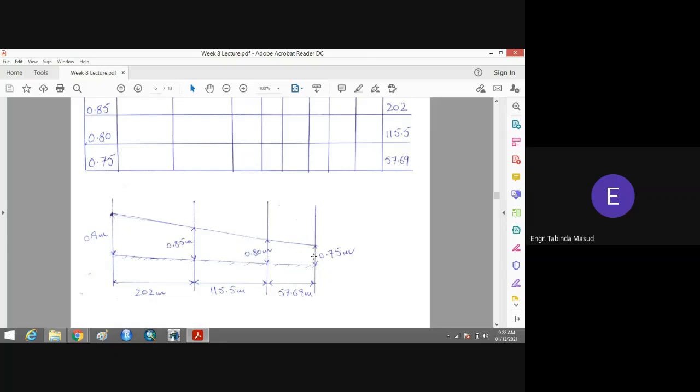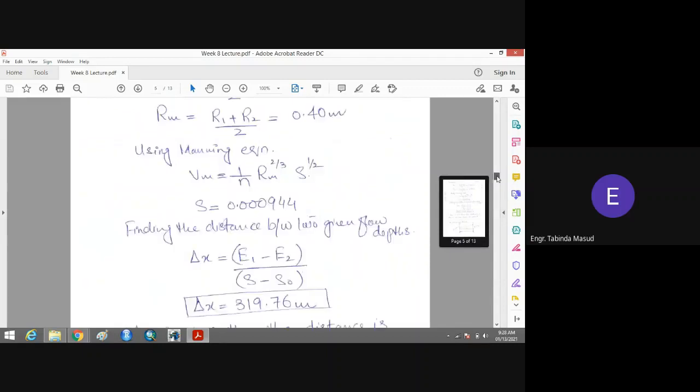We have divided the whole segment of the channel into different steps, and then we have carried out the computation step by step from one end of the reach to the other end. First from this end to this end, then from this end to this end, and then from this end to this end. That's why the method is known as the step-by-step method or direct step method.